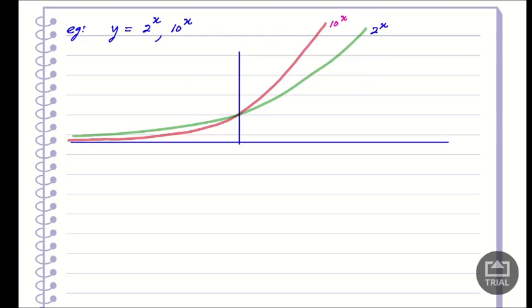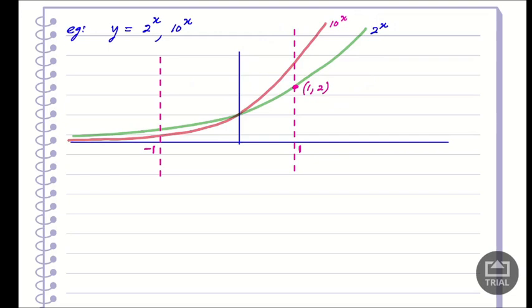So to address that, I'm going to get 2 points here. One point is here, the other point is here. I'm going to take x to be 1 here, and x to be minus 1 here for simplicity. When x is equal to 1, the coordinate at that point is 1 comma 2 to the power 1, which is 2.